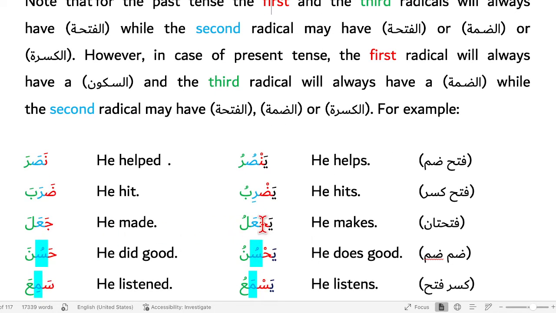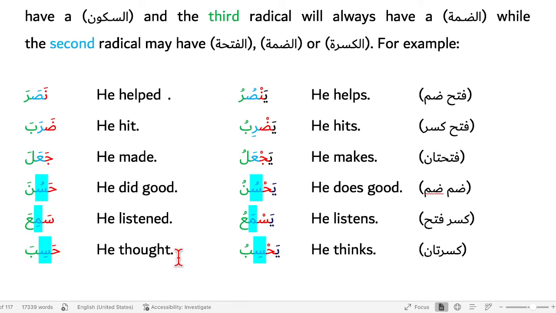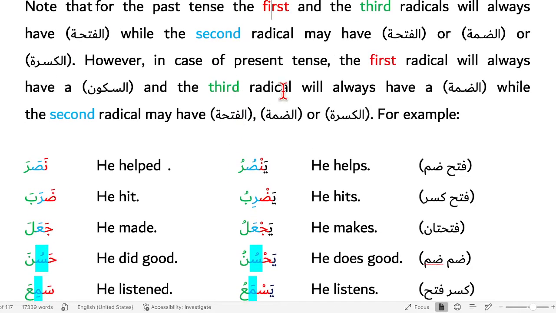Jala yaj'alu, this getting a sukoon. Hasuna yakhsunu, getting a sukoon here. Samiya yasmau, seen getting a sukoon here. Hasiba yakhsibu. So the first radical or letter gets a sukoon in the present tense, and the third radical will get dhamma.